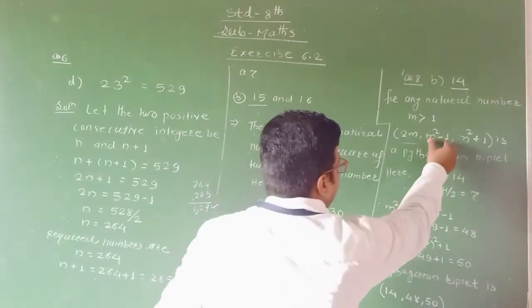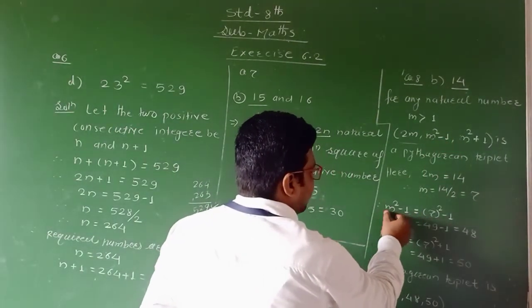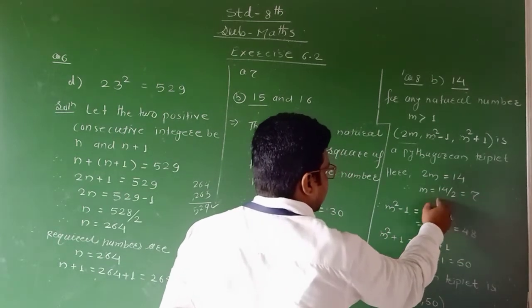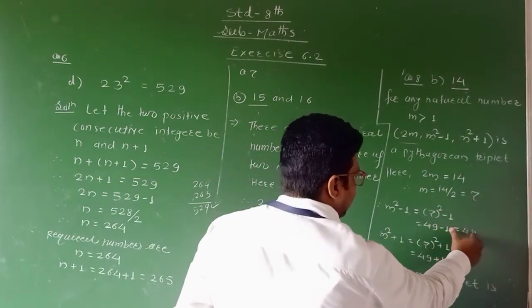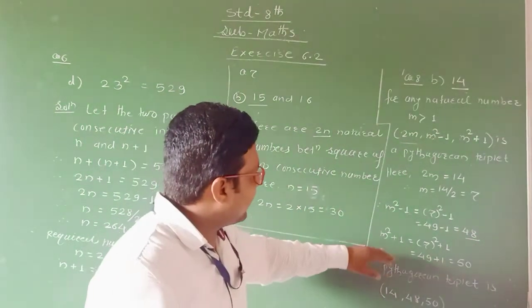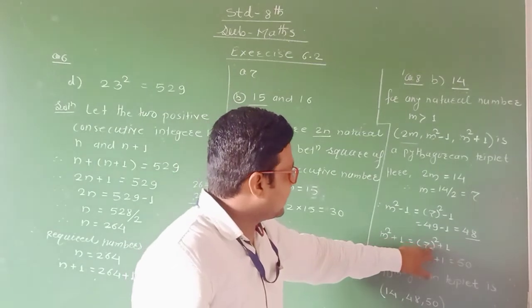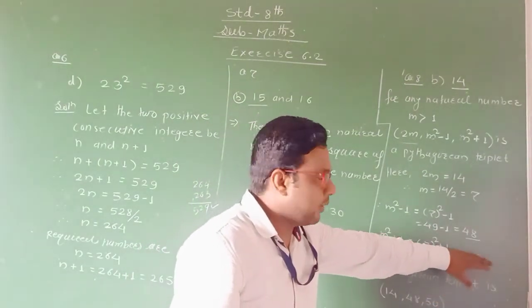Then from m equal to 7, we find the value of m square minus 1. M square minus 1 is equal to 7 square minus 1, that is 49 minus 1, we get 48. And next is m square plus 1, that is 7 square plus 1, 49 plus 1, that is 50.